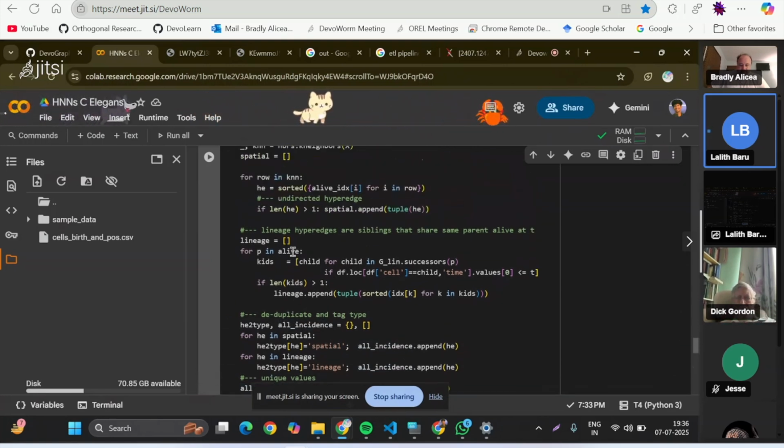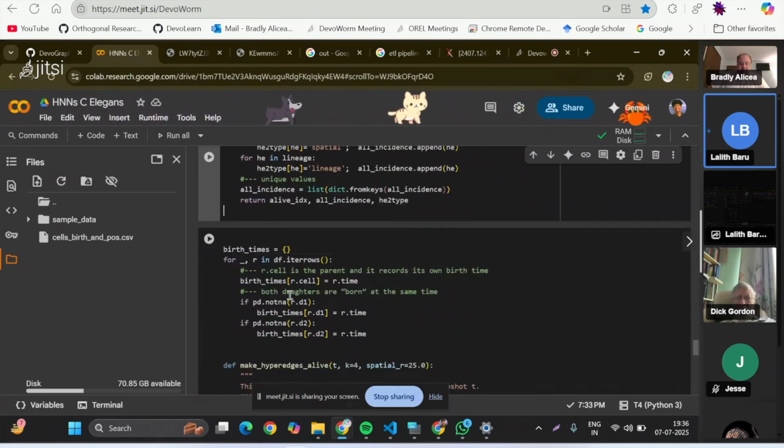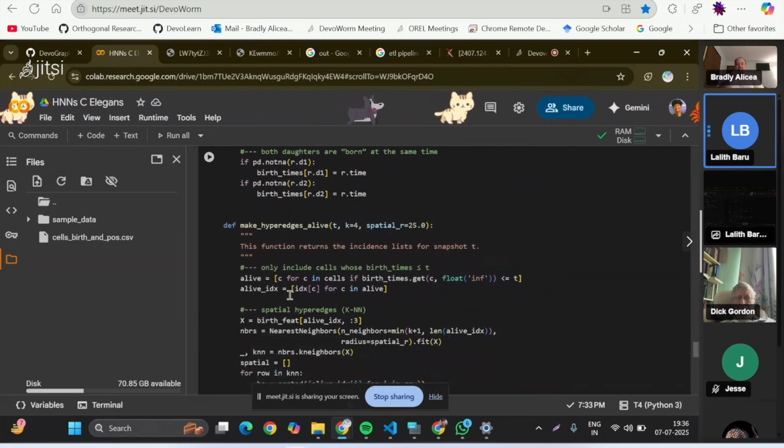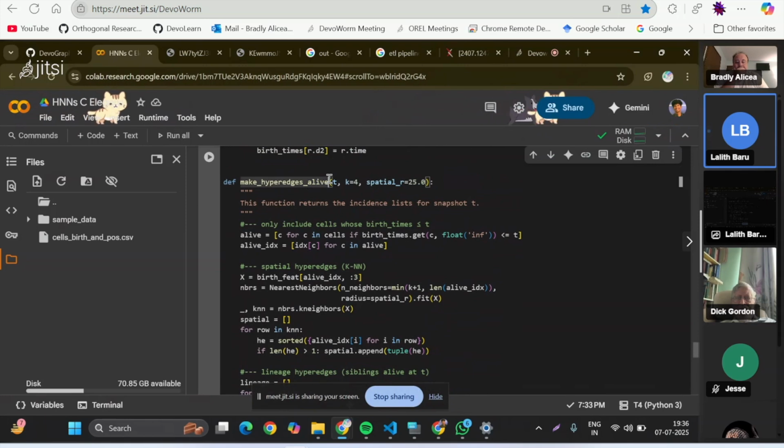We have the lineage information, the spatial locations, and the birth time positions, and then we make a hypergraph. Here I have specifically kept it alive because I also wanted to add a further set of features, which we discussed in previous meetings: the cell depth or birth information, so that the fate can be predicted.